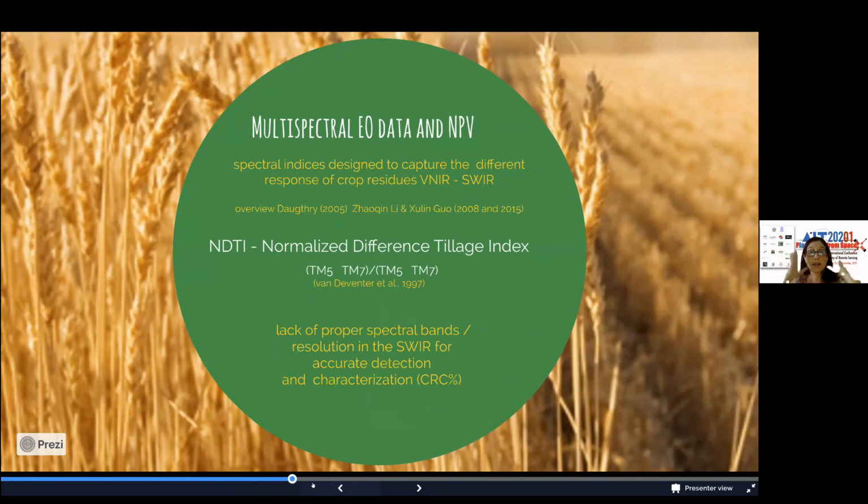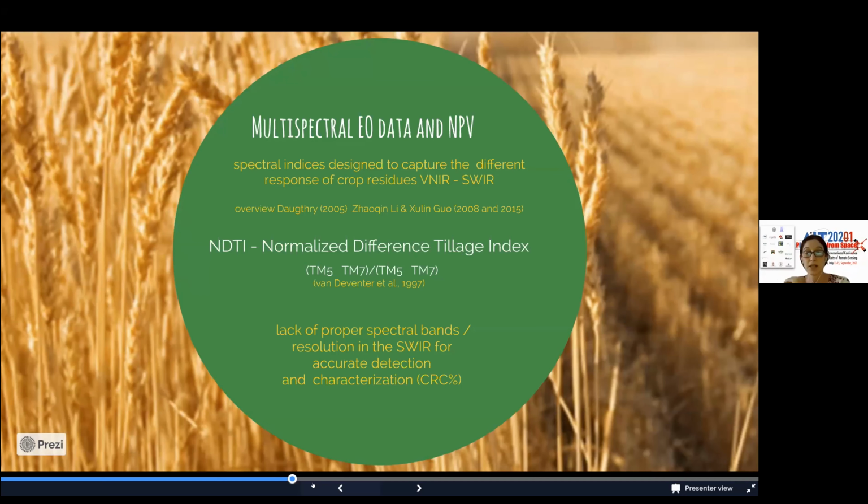Multispectral data have been exploited for the detection of NPV, and several spectral indices have been designed to that purpose, and the most common is the normalized difference tillage index.